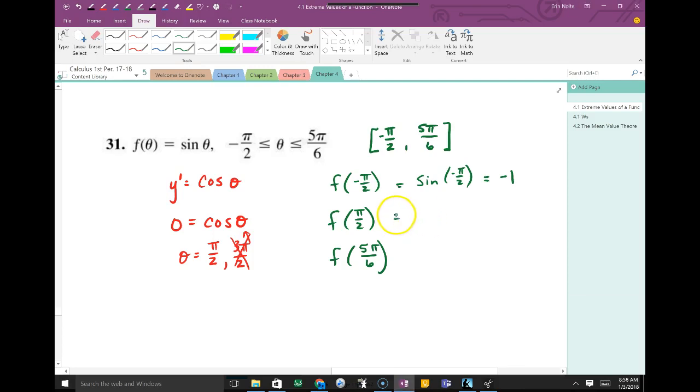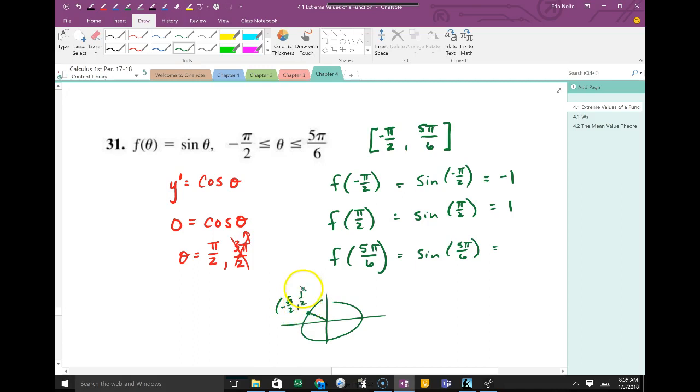If I go straight up to pi over 2, what is the corresponding y value? Positive 1. Here's a tricky one, 5 pi over 6. That spot would be negative root 3 over 2 and positive 1/2. So what's the y value there? 1/2.